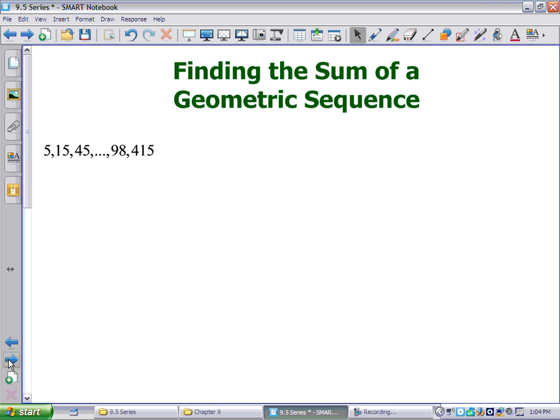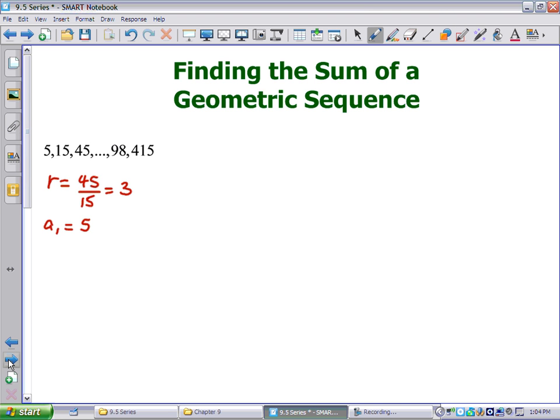If we first start by finding our r, you find r by taking your following term and dividing it by the previous term. So if I take 45 and divide it by 15, that gives me an r of 3. My first term here, my a sub 1, is 5.